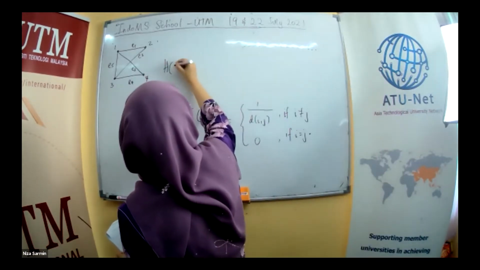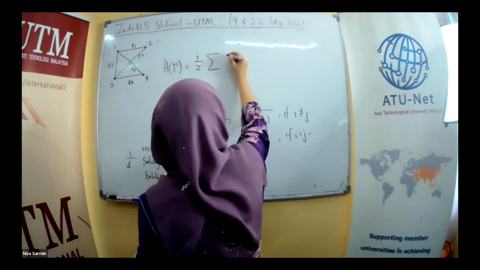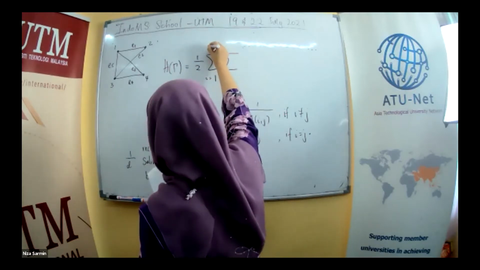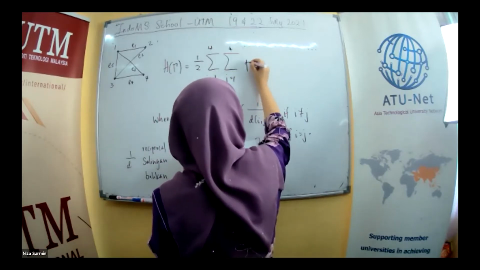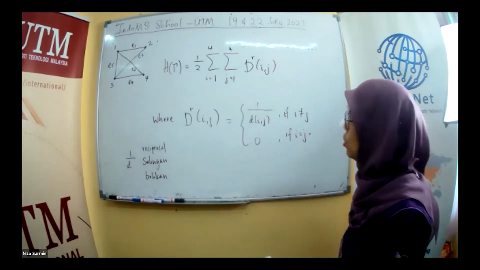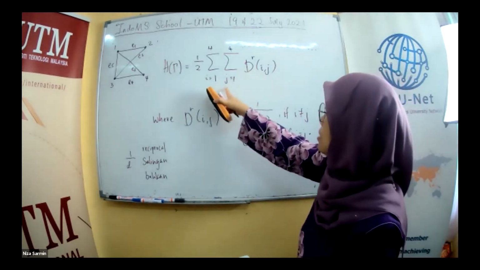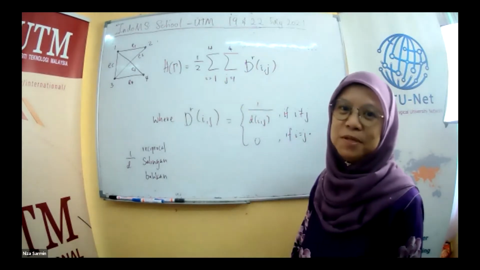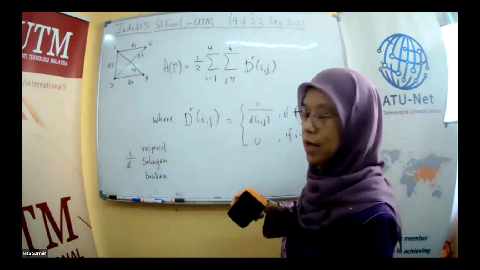So H of gamma is equal to 1 over 2, the sum for i from 1 until 4. How many times do we want to calculate this? 4 times 4, right? 16 times. Add up 16 pairs of ij.